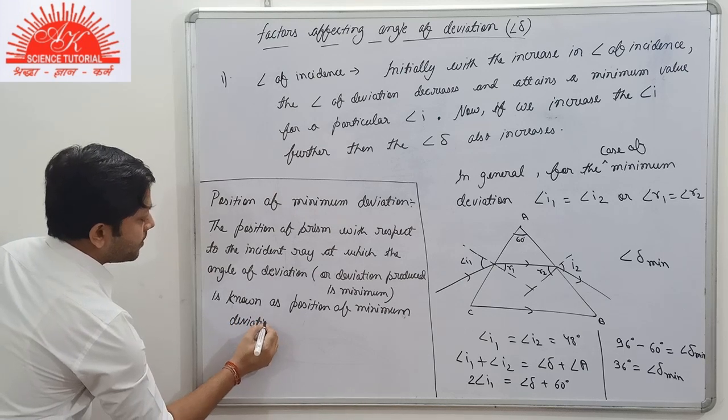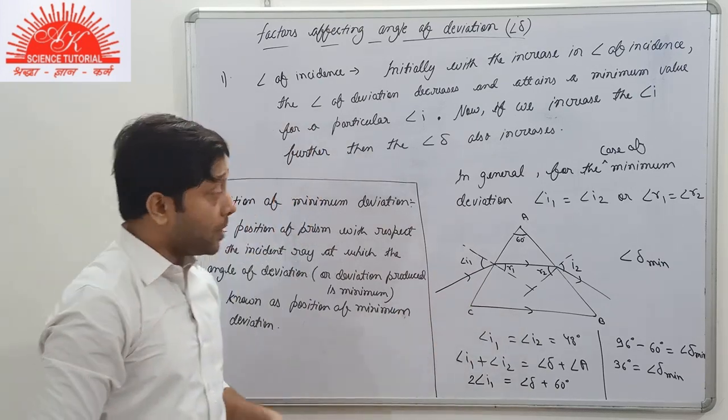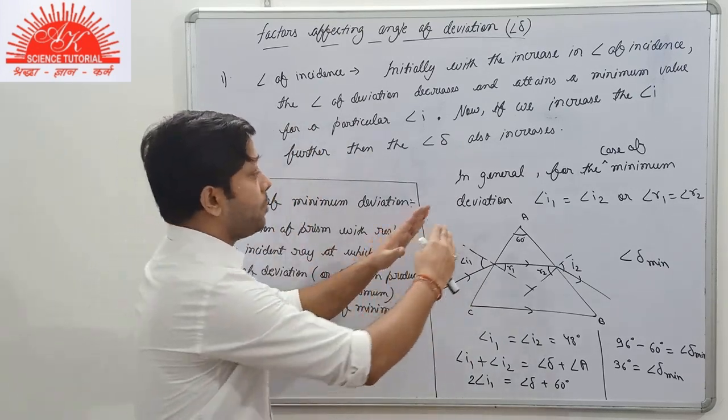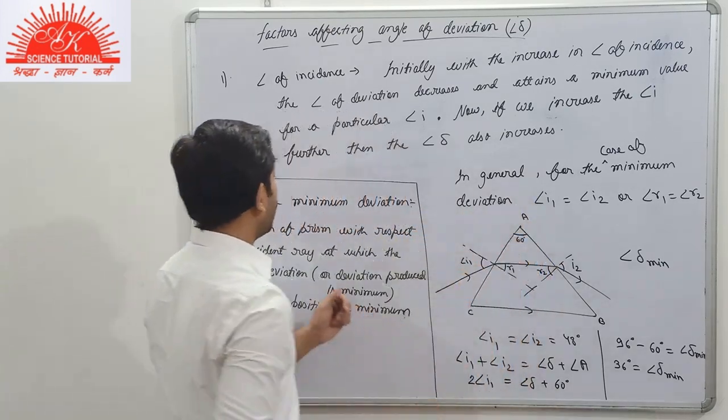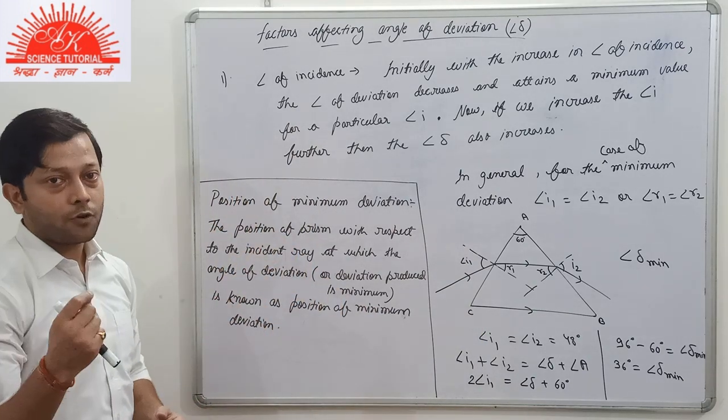So it's very simple. We cannot control the path of the light ray, the incident ray, but obviously we can change the position of the prism. So what is the position of minimum deviation? If you are asked about the position of minimum deviation, what is it?